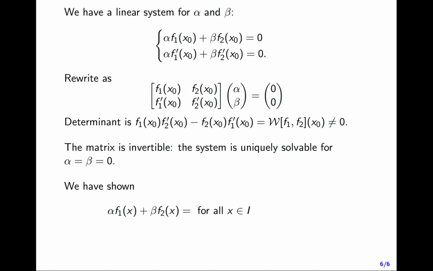To recap, we have shown that if alpha f1 of x plus beta f2 of x equals 0 for all x in I, my 0 is missing here, sorry, that forces alpha equals beta equals 0. And what does that mean? f1 and f2 are linearly independent as desired, and I have shown that item 3 implies item 1. I have completed the full cycle of implications. All three are equivalent to each other.